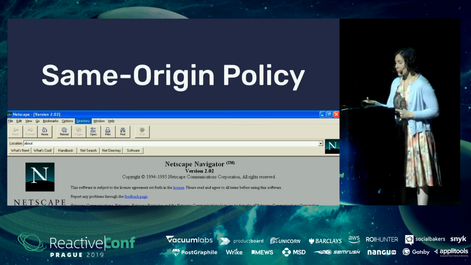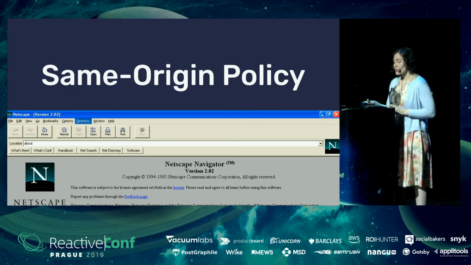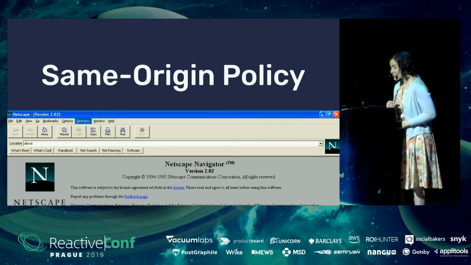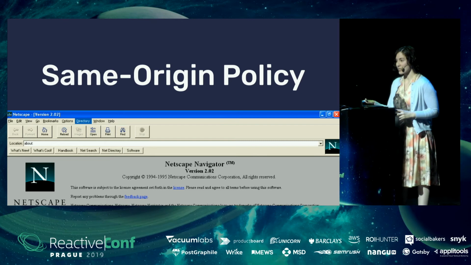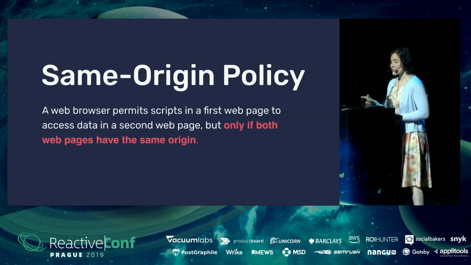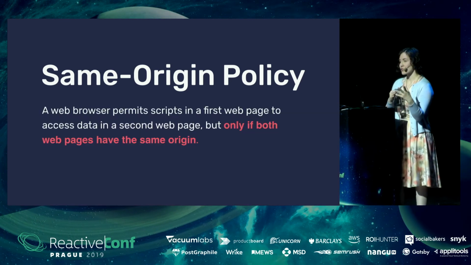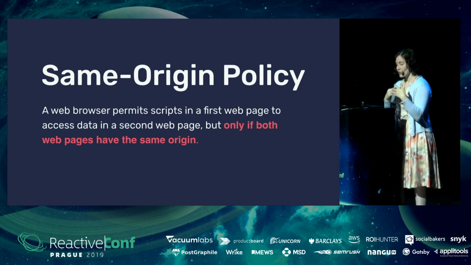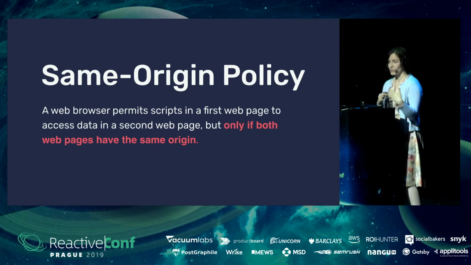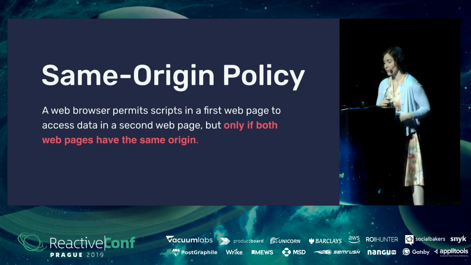Now, the same origin policy is as old as Netscape Navigator 2.0 and JavaScript itself. It's a fundamental tenet of the internet. It just says that a web browser can permit scripts from two websites to communicate only if they have the same origin, like the same domain, for example.